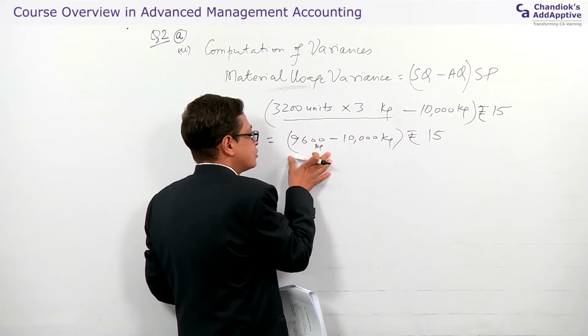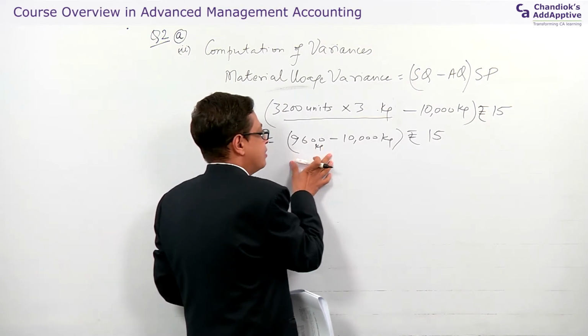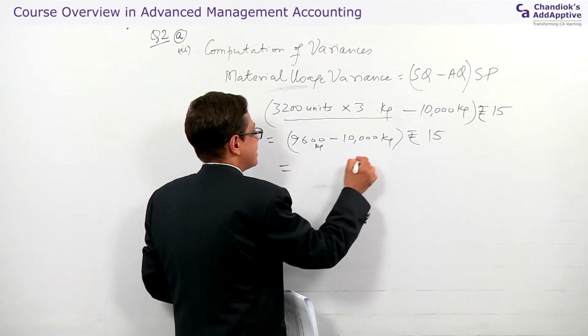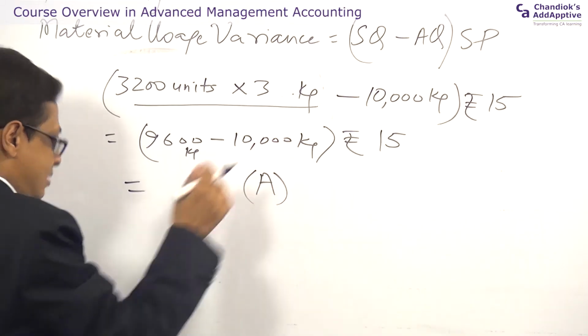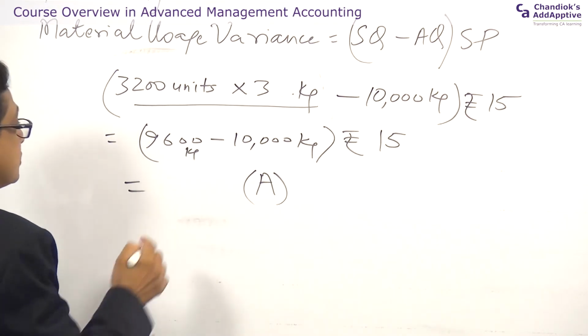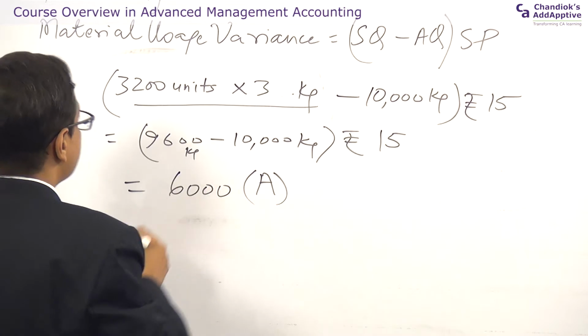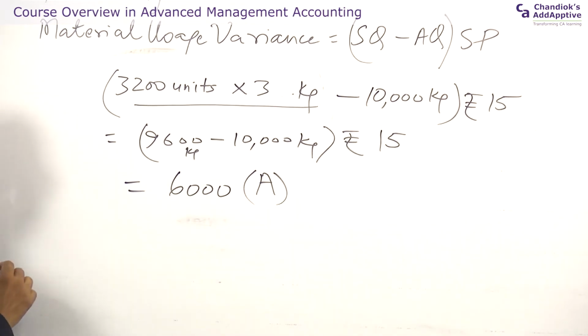Ideally this work should have been done in 9600 kg, but you took 400 more kg. So the variance is adverse, and the result is 6000 adverse. So this is the one part.